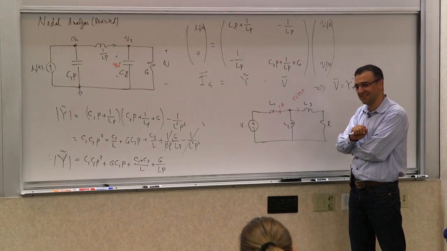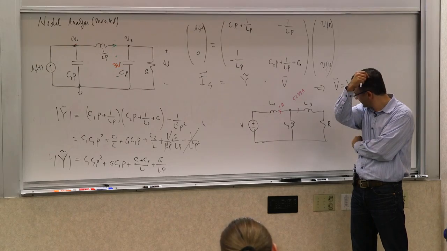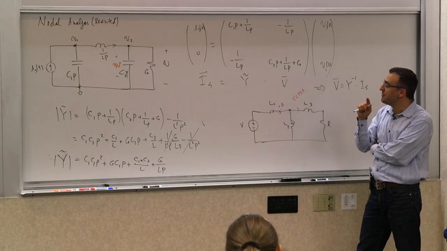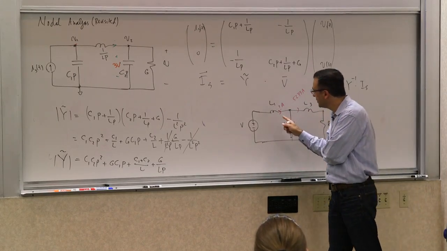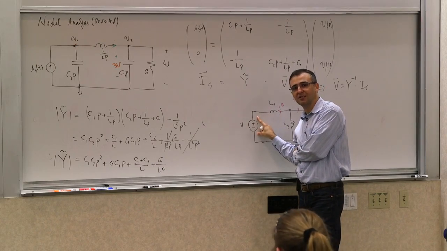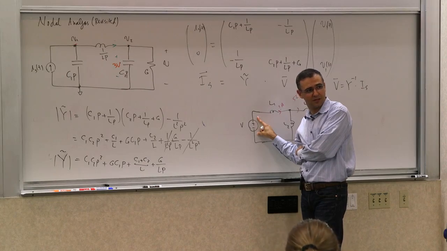But the voltage across L1 and L2 still has to be V, which means that if we know the current through L1, we have to know the current through L2. But remember, the current of inductors and capacitors depends not only on their instantaneous voltage, but also the past, because it's an integration or differentiation. Does it make sense to everyone?